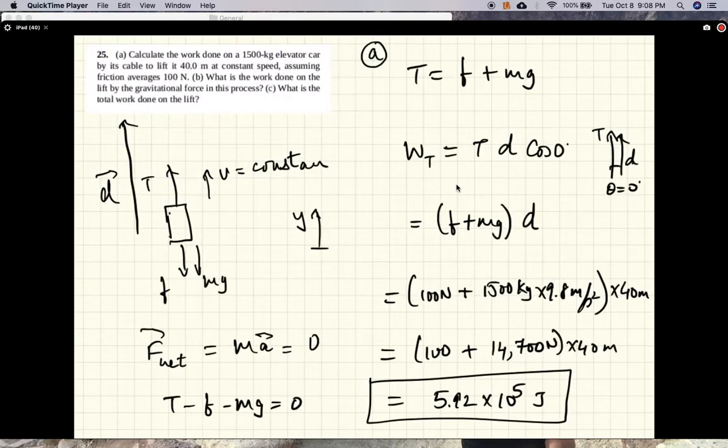We'll calculate the work done by the gravitational force. Let's add a page below. So there's the displacement, 40 meters up. mg is the gravitational force acting in this direction, and the angle between them is 180 degrees.